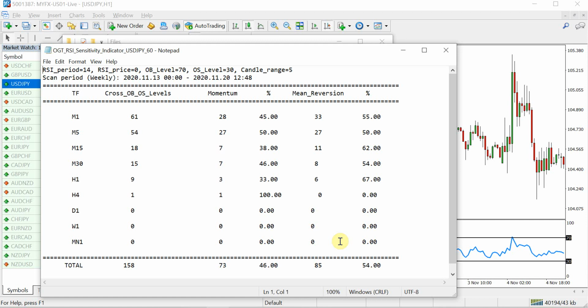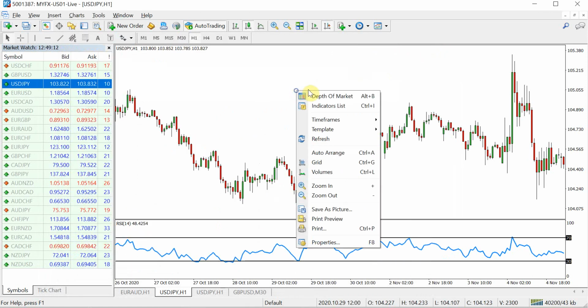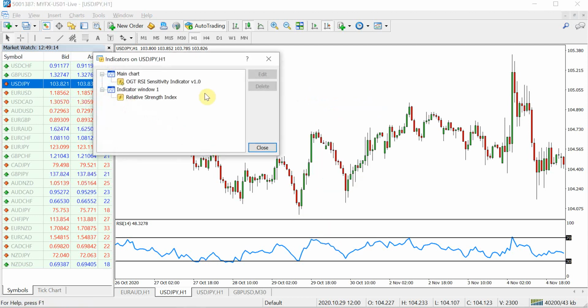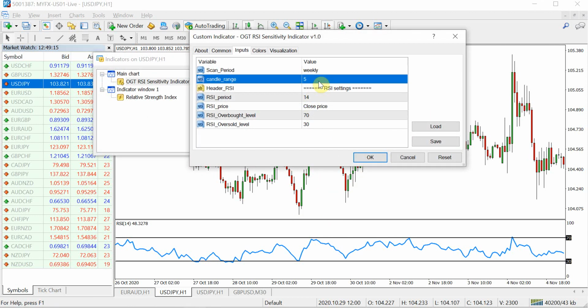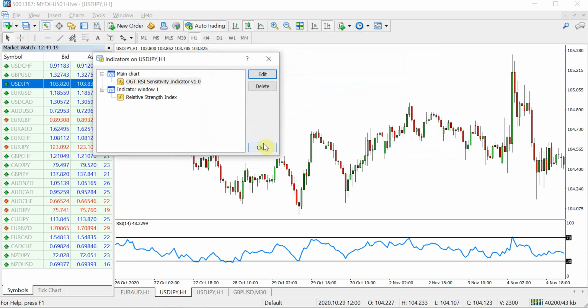And once you've honed in on a few pairs that are showing the properties that you want across the different candle ranges, what you can do is then try different candle ranges. So we tried 5 in this example. If, for example, let's just go and try 15, because again you might have a very big reward to risk on that one.